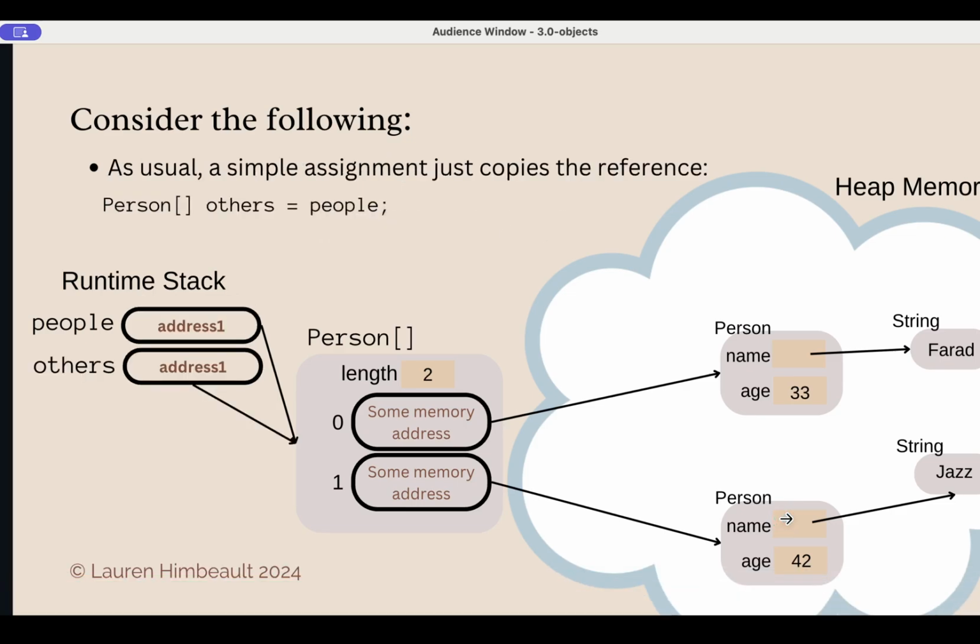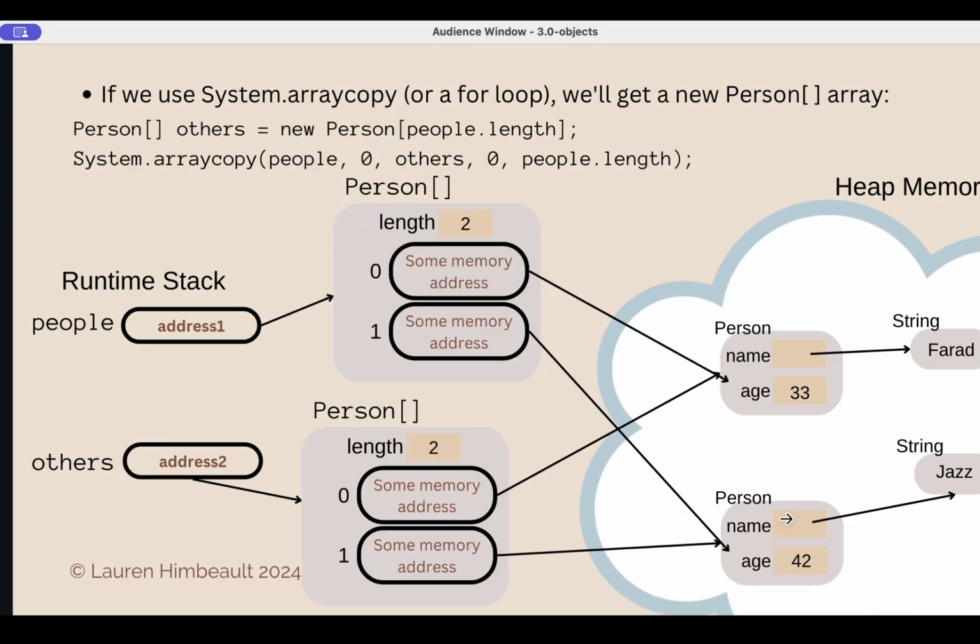So as usual, if we wanted to just make another person array and we just said person array others equals people, both are just looking at address 1. So everything affects each other all the same. Here's where it's going to get a little bit tricky. If we do a proper deep copy of the people array to others, but just at that first level, it looks like this. So even just using system.arrayCopy or a loop, all it does is a deep copy of the array, but all the information inside is shallow copied.